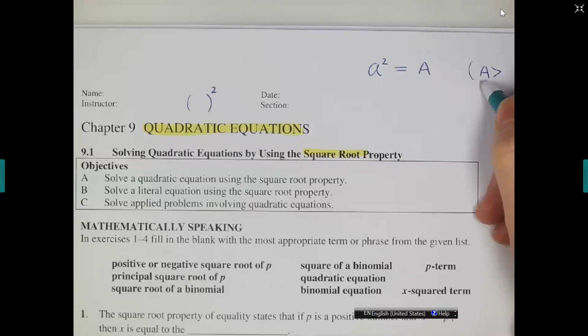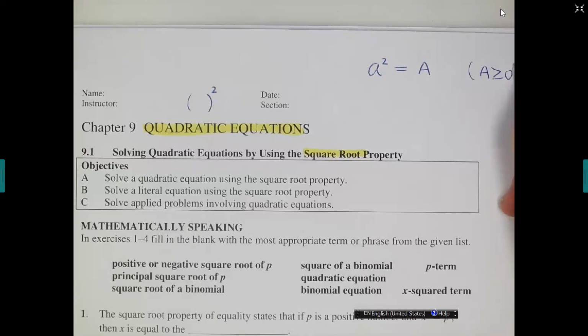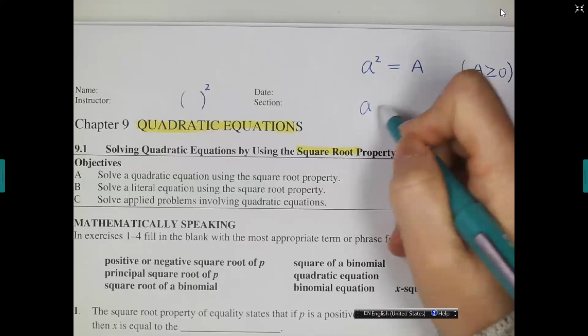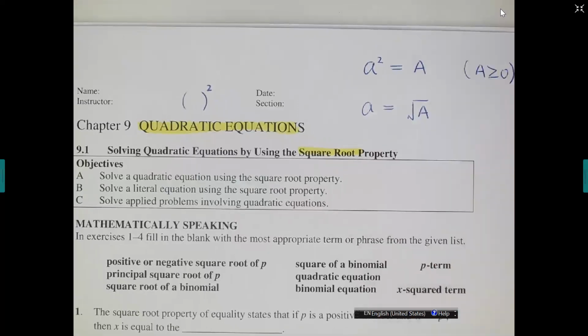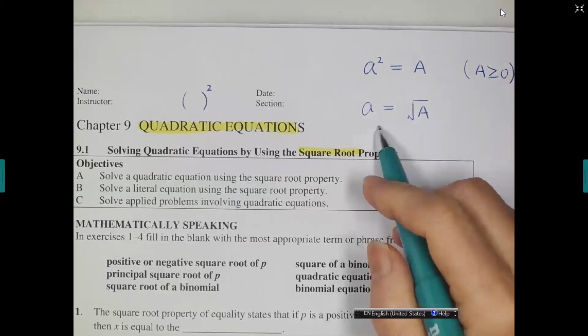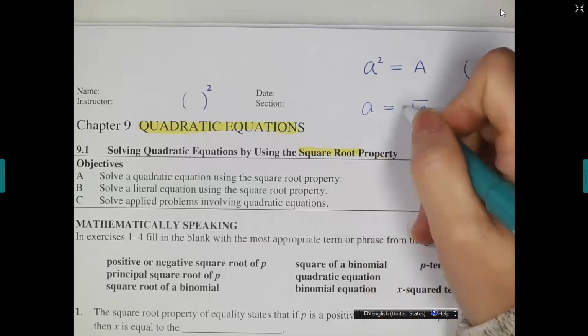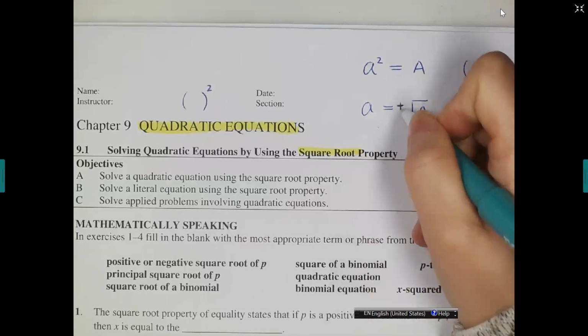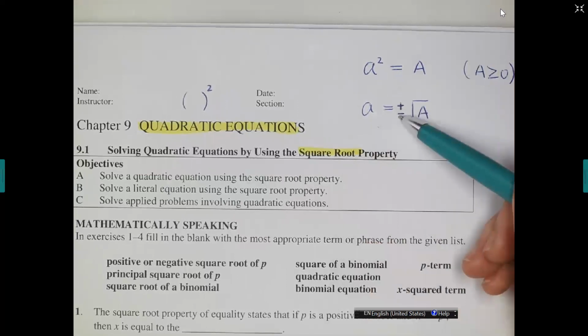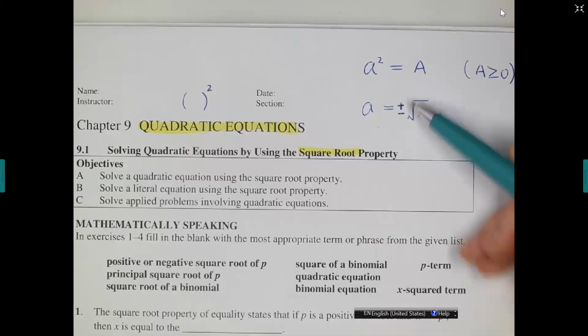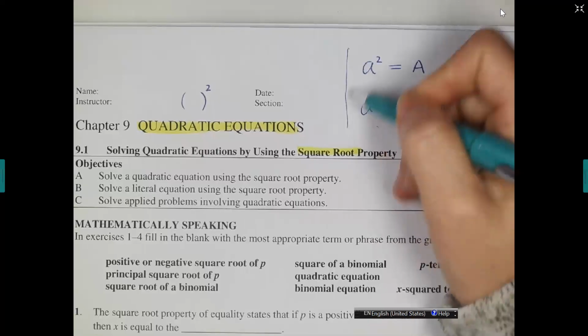It's always greater than or equal to 0. Okay, and then we see the number is equal to the square root of A. And this is what we did before. But the actual case is this. It is equal to either positive or negative. When we raise it to a square, no matter whether it's positive or negative, we'll always end up with a positive number. So this is what we will be applying here.